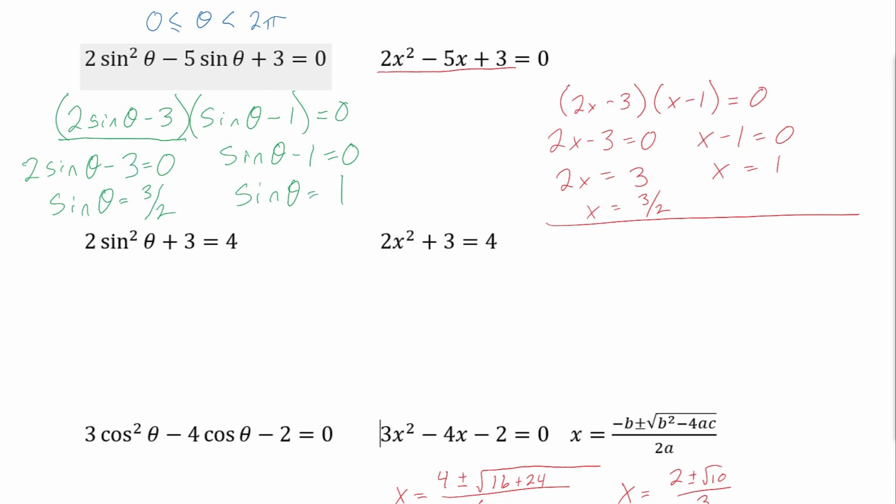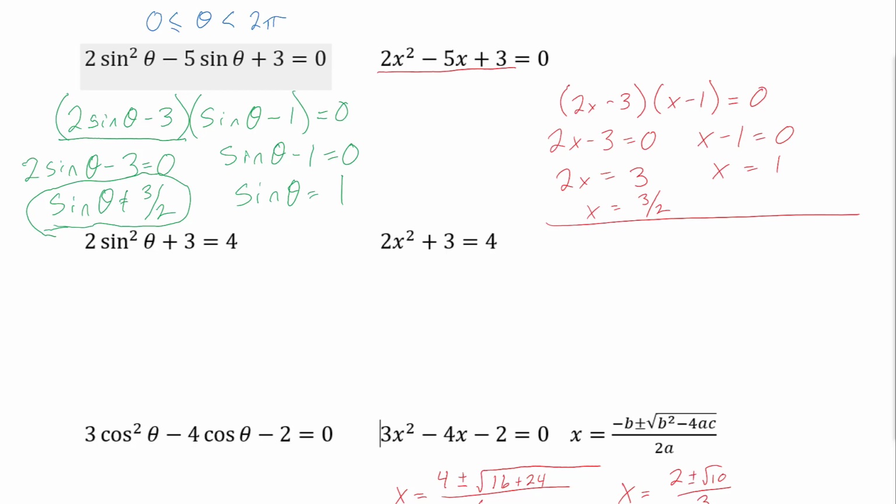Now, the first solution we have here, sine theta equals 3/2, is an extraneous solution. It's a bogus answer. There are no numbers we can plug into sine for which we'll get a number bigger than 1. So this is not possible, and we can ignore that solution.